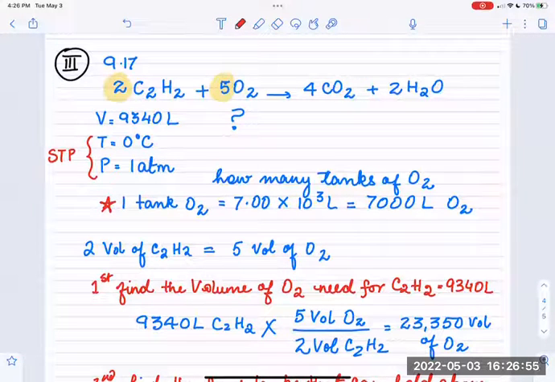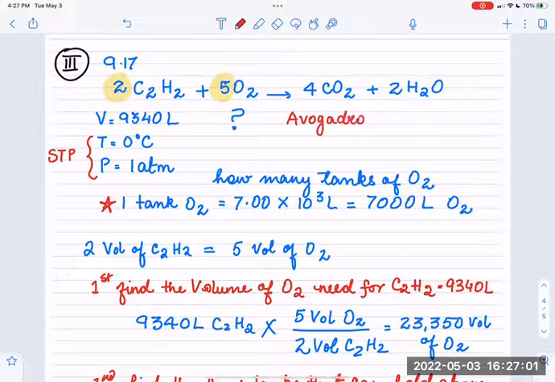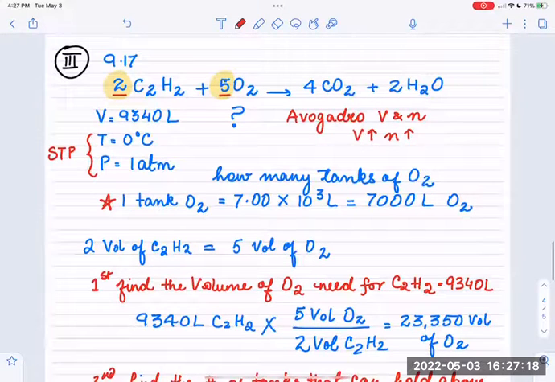So this is a problem where Avogadro's law is applied. Avogadro's law relates volume and the number of moles. As the volume increases, the number of moles increases, or as the number of moles increases, the volume increases, and so forth. So here, the volume and the number of moles are interchangeable.